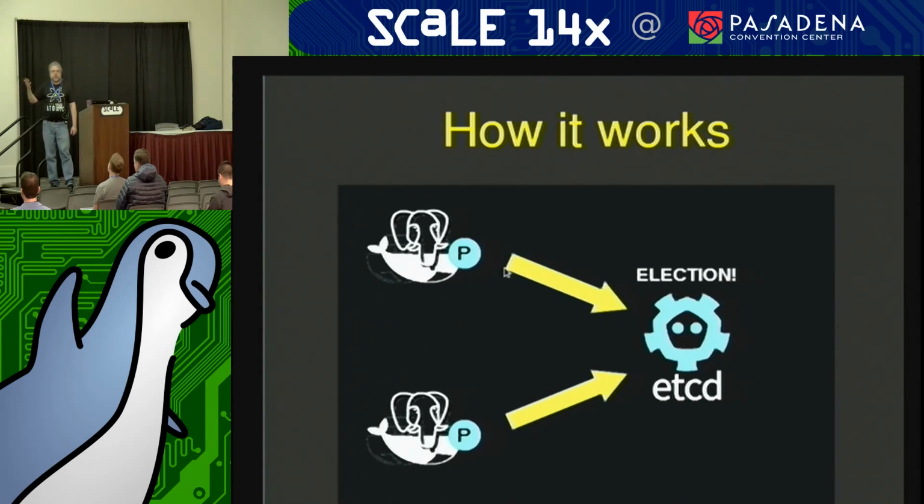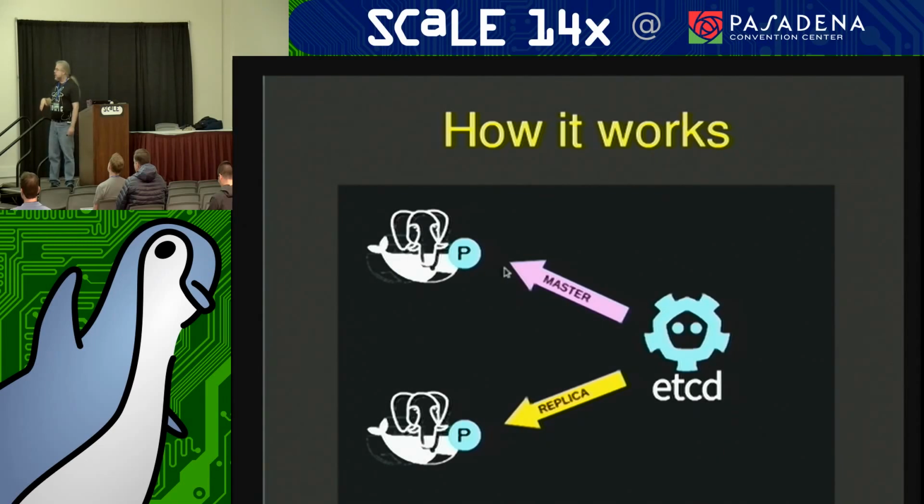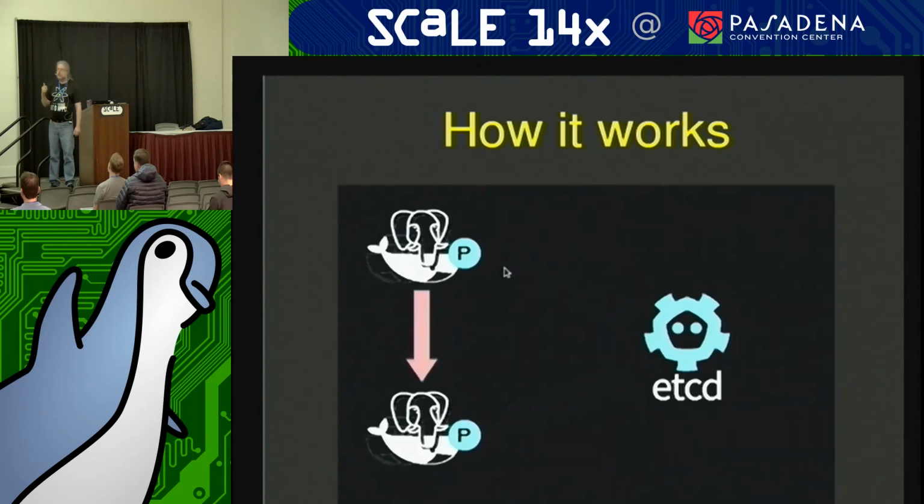It's a 2-stage election process for failover. At that point, we send back a message, etcd confirms you have the master key, you don't have the master key. And then the node that doesn't have the master key changes its primary connection info, it changes its replication source and starts replicating from the other server. And we failed over.